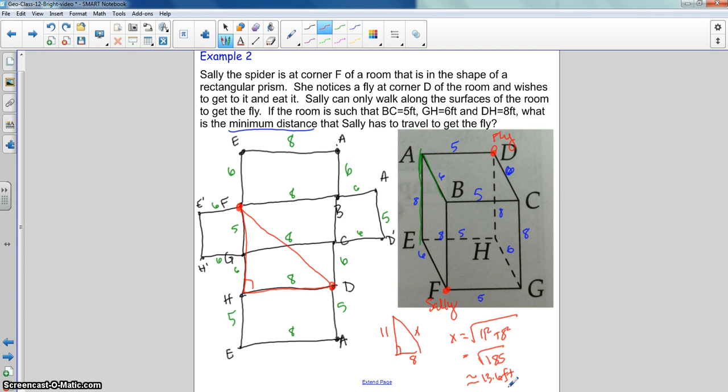Okay, so again, in this problem, what we did was we took a three-dimensional figure, and this one was a little bit more challenging because we actually had to construct the 2D representation of the entire figure by unwrapping the sides and forming what is called a net in geometry. So what we could do, if we wanted to recreate this, is fold along any shared edges and recreate the same prism.